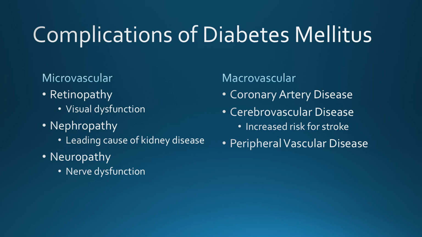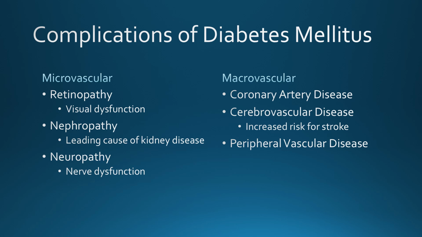This also refers to nephropathy, so damage to the nephrons of the kidney related to the blood vessels of the kidney being damaged. And then neuropathy is nerve dysfunction that results from, again, the blood vessels that feed the nerves, that help those nerves to function, becoming damaged and causing injury there.